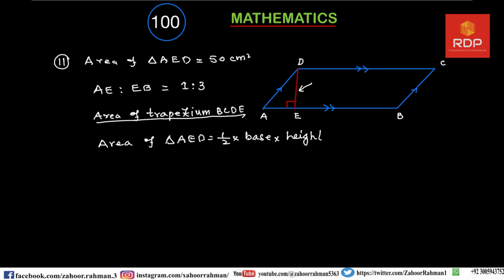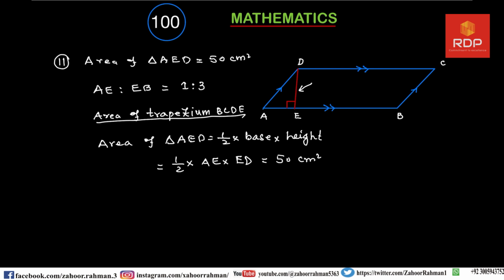In this case the base is AE and ED is the height, and that is equal to 50 centimeter square.